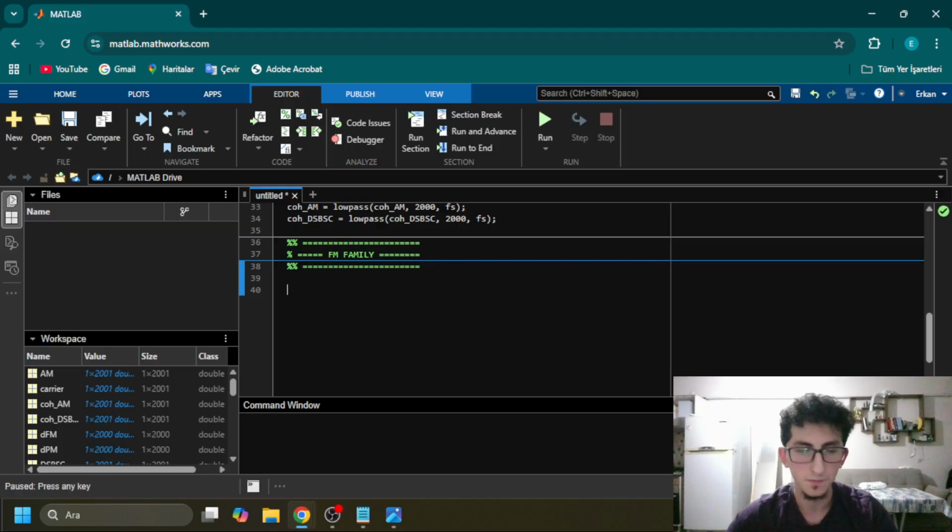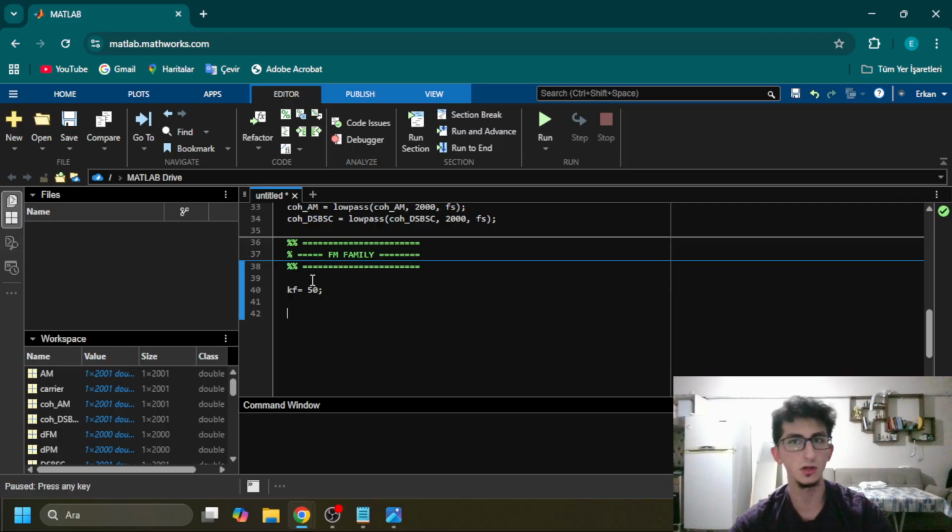So we can continue with our next definitions, and first of all we are gonna define our kf, and it's gonna be equals to 50 like that, and true, yeah, it's true.